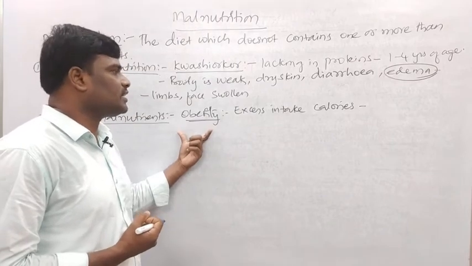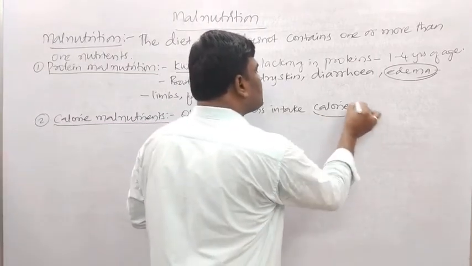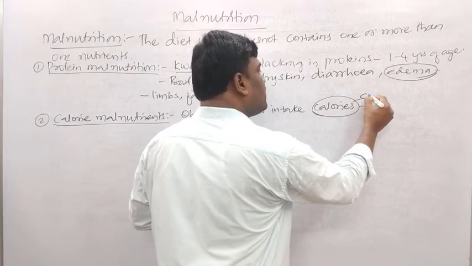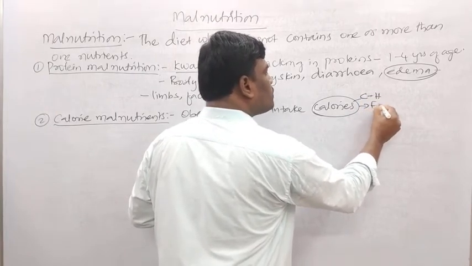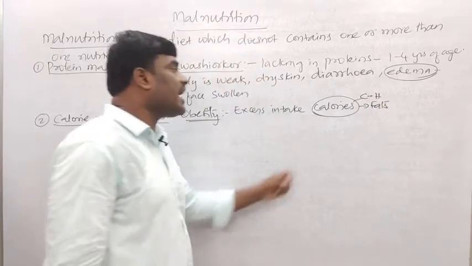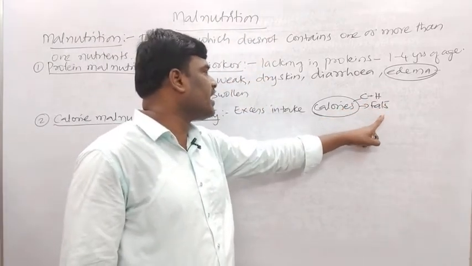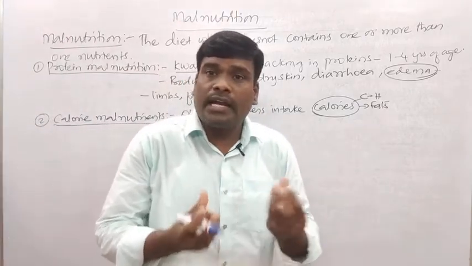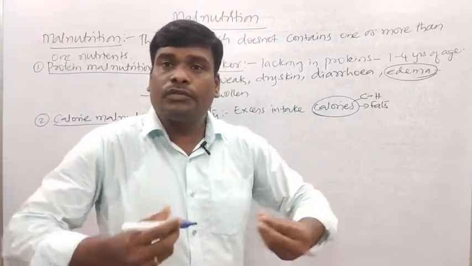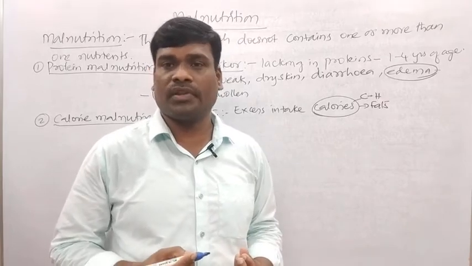Obesity, isn't it? So how do they get calories, children, here? By the intake of carbohydrates or intake of what, children? Fats. By taking excess of carbohydrates and fats, children, what happens? Fats are deposited under the skin and they look very much what, children? Stout. Got it?